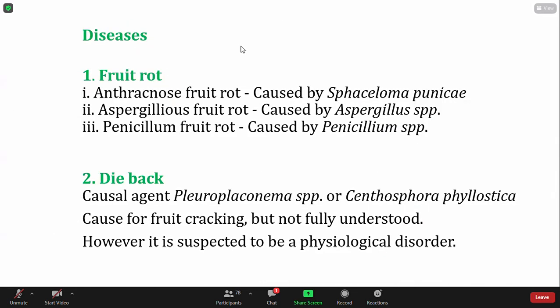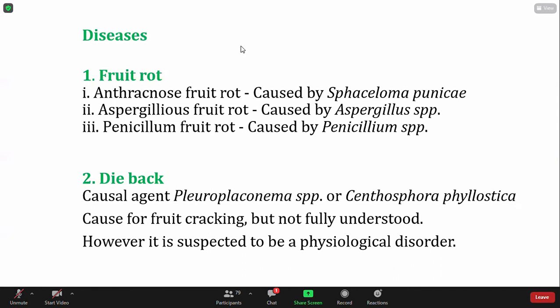Diseases of pomegranate: the first is fruit rot. Fruit rot can be caused by anthracnose, Aspergillus, and Penicillium. Dieback we already studied in detail. Its causal agent is Pleuroplaconema species or Xanthomonas.